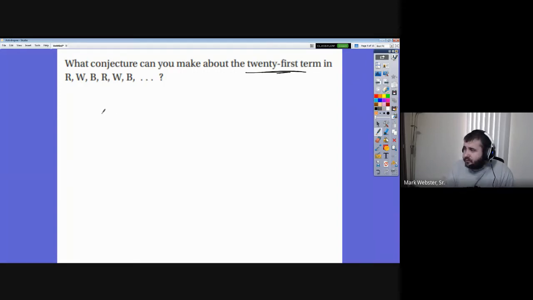And I don't want to have to go through and write them all out. I don't want to have to write out all the way to the 21st term. But what I can notice is that this pattern repeats every 3 times, right? 1, 2, 3, 4, 5, 6.